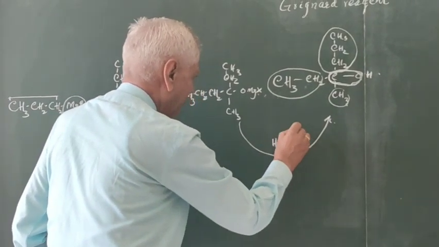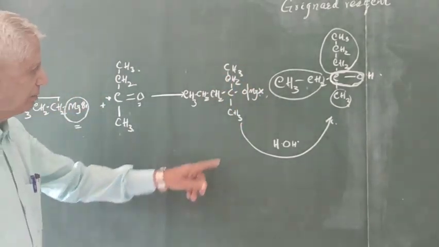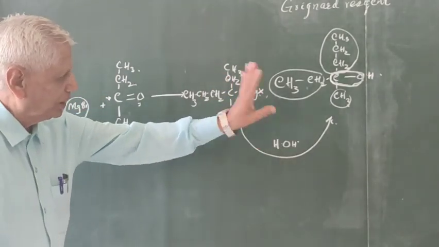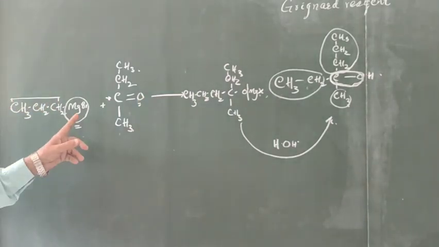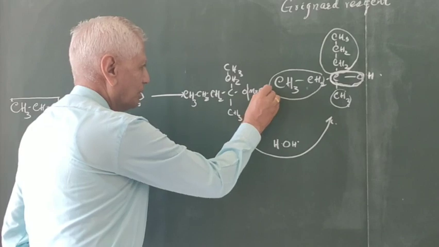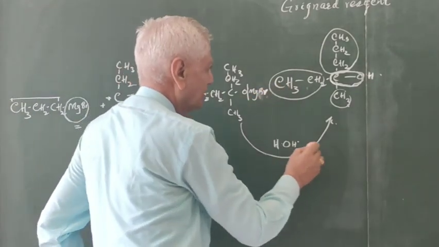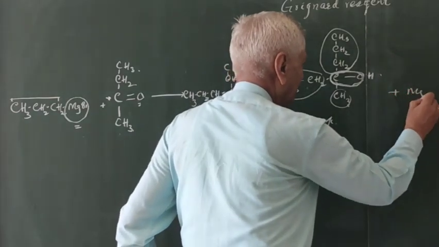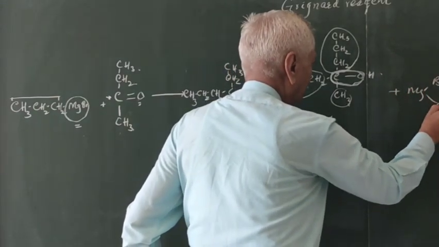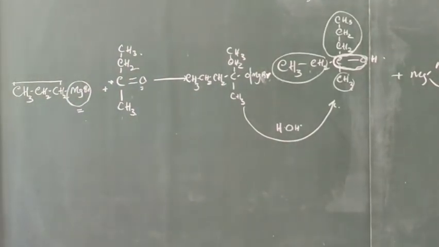Very simple. So this OMgX will divide and you get OH and MgXOH. Since you have taken Br here, you are getting MgBrOH. That's all. So you will get this plus MgBrOH, magnesium hydroxybromide.